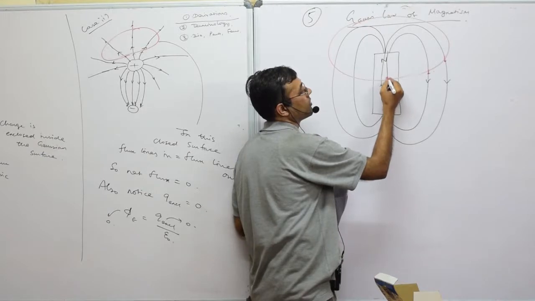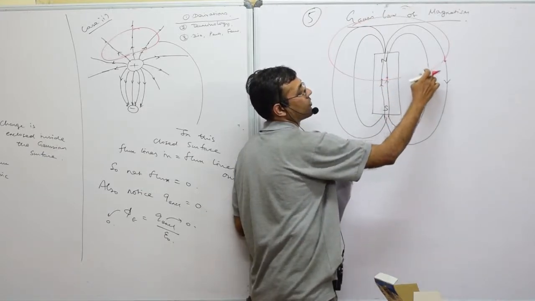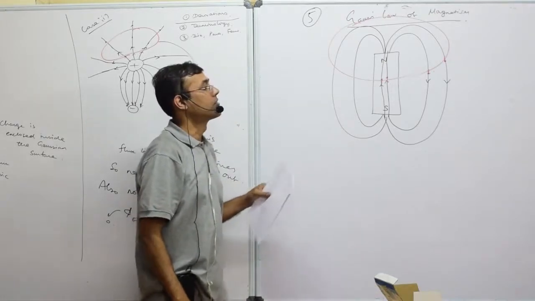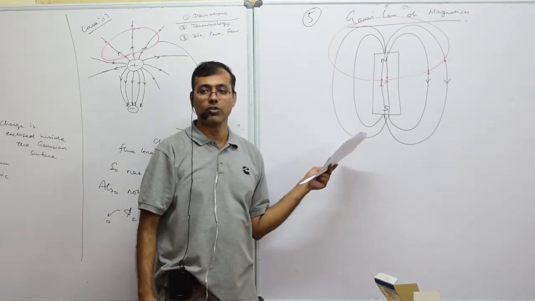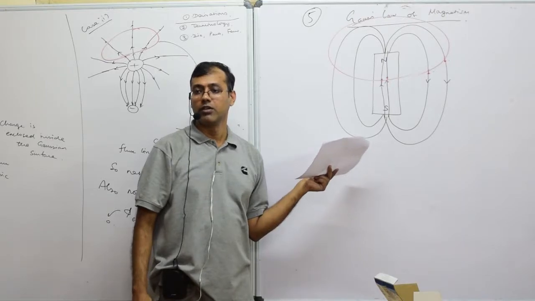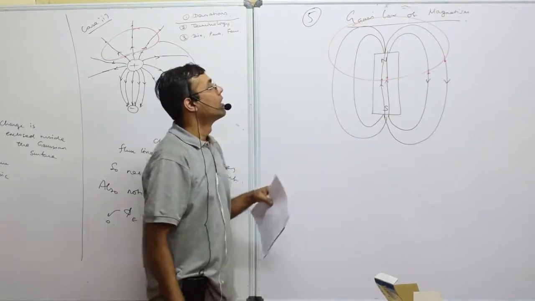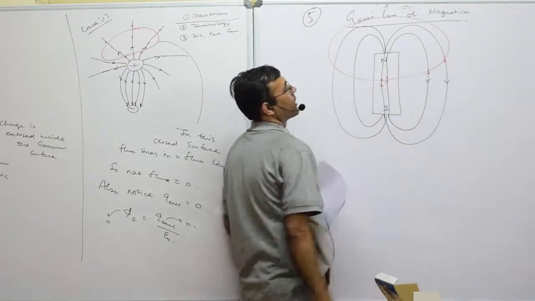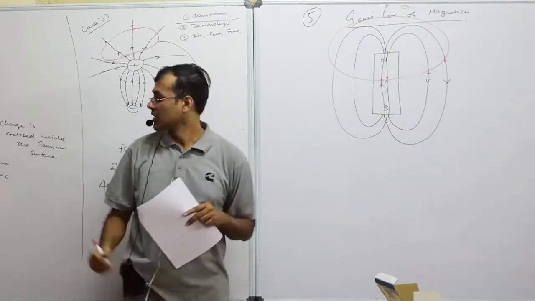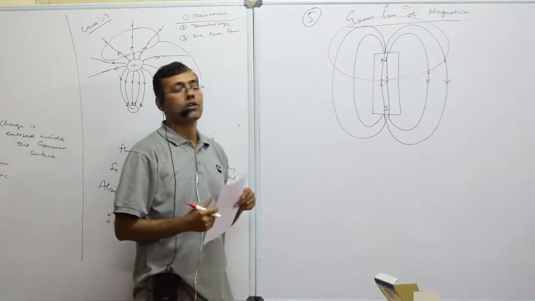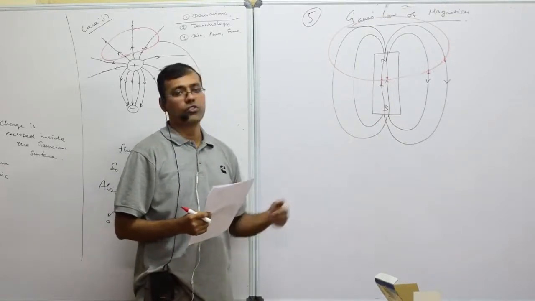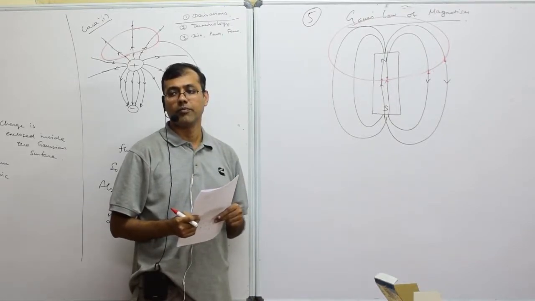At this point, it's going in. So whatever is coming out has to go in here. Do you agree? That means flux in is equal to flux out, which means the total flux will be 0, right? And in this Gaussian surface, what is the magnetic pole? Just like the charge here, you have only north, right? So the south is not there, right? Is that correct?